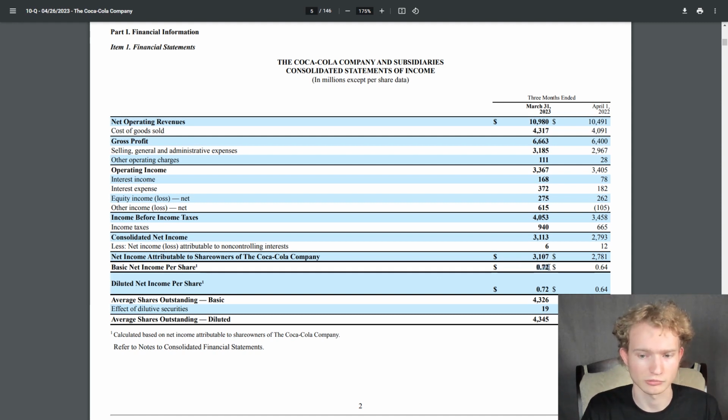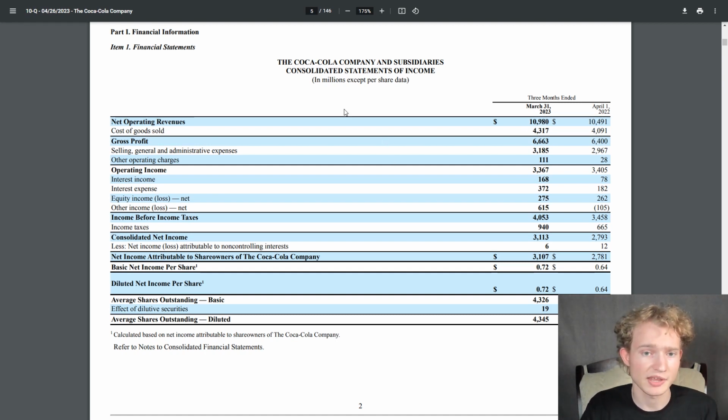These are the actual numbers there. So this is actually 72 cents per share. But everything else above that, such as the cost of goods sold or the operating revenues, these numbers are all in millions. So it just says 10,980 there, but that's in millions, so that would be $10.9 billion essentially.